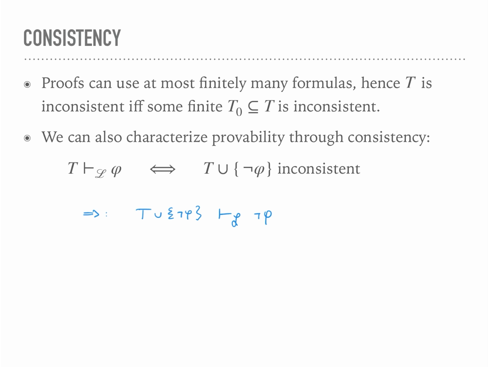Now for the other direction, if we assume that T union not phi is inconsistent, that means, by the proposition we had on the previous slide, that T union not phi proves everything.